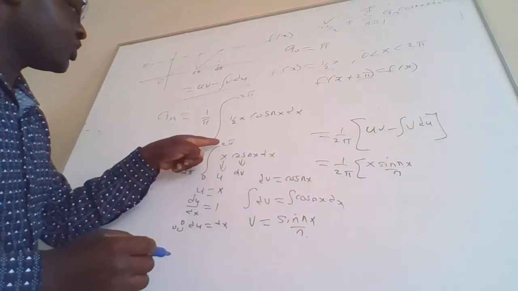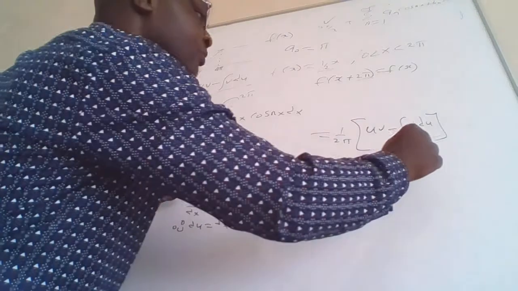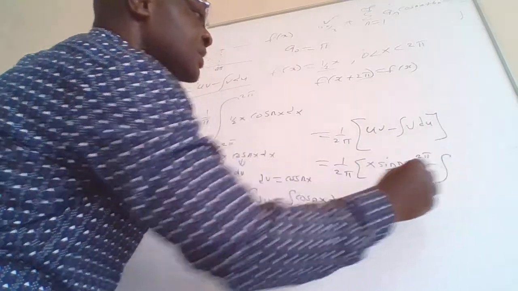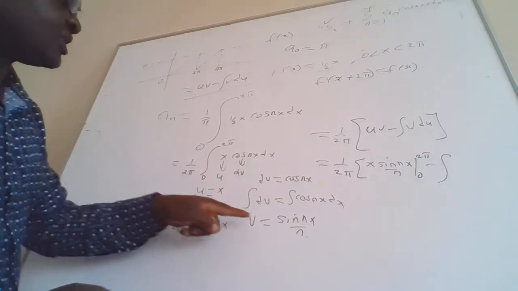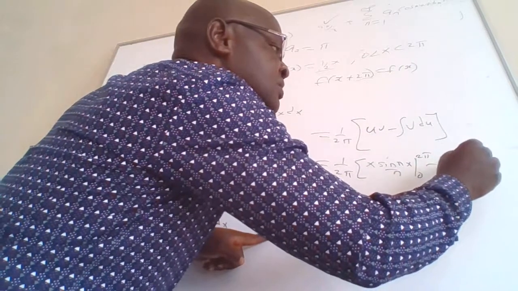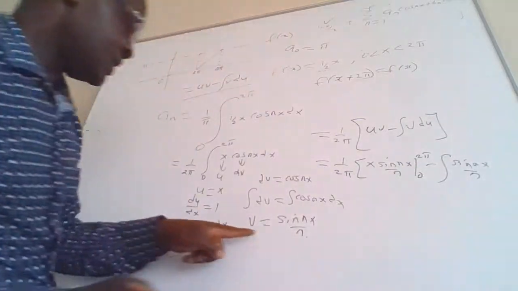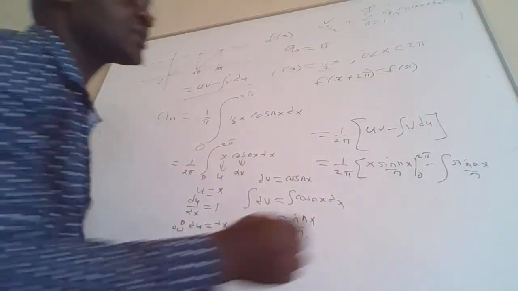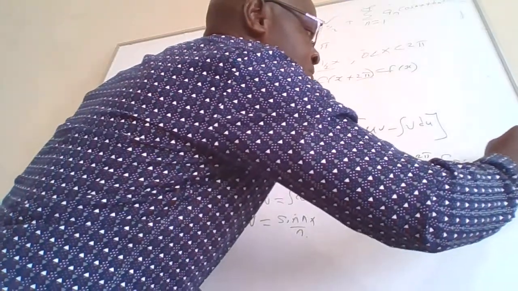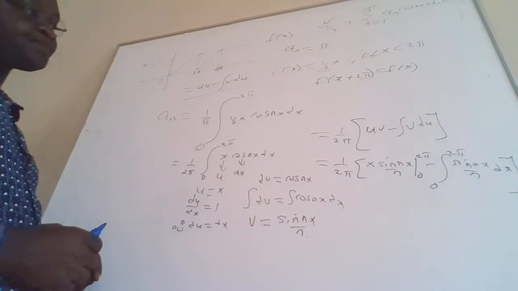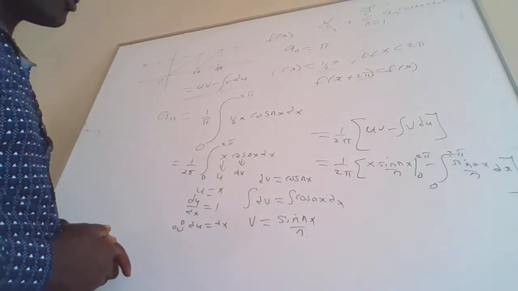Then we are integrating from 0 to 2 pi, then minus the integral of our v, which is sin nx over n, then du equals dx, so this will be dx, from 0 to 2 pi.